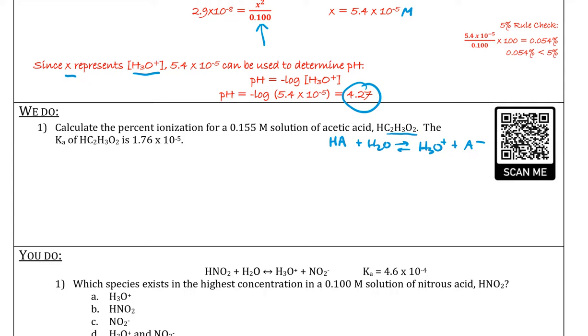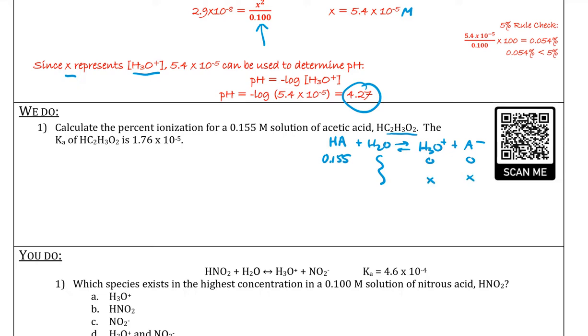So I know it's 0.155 to start with. Water gets left out, so I just squiggle that out. We start out with zeros here, since before the dissociation there isn't any of those yet. And then immediately the acid begins to dissociate partially, and we end up with some amount X and X here.